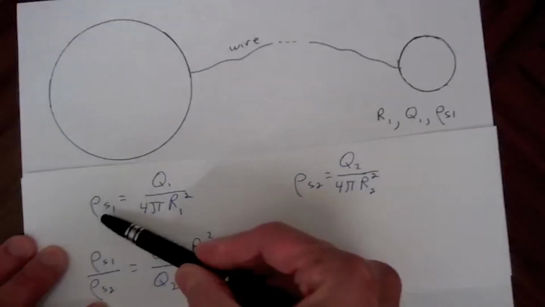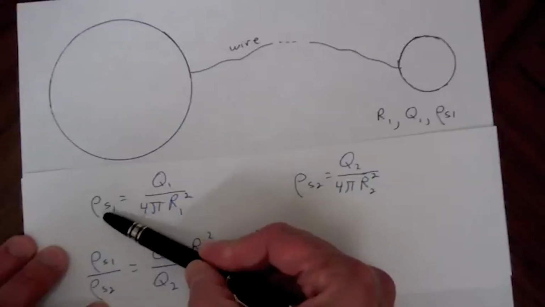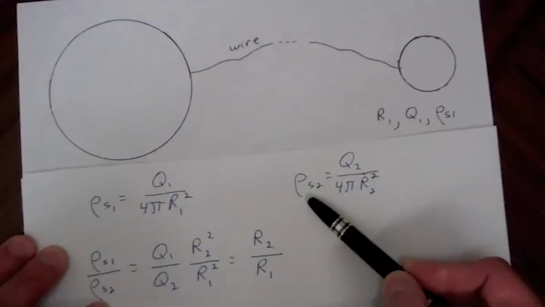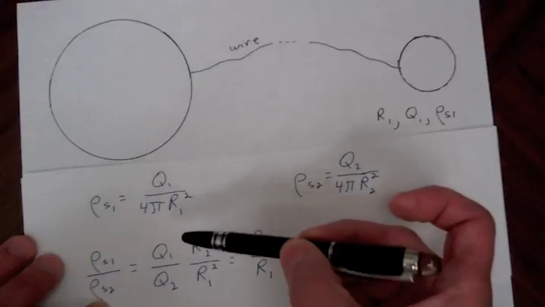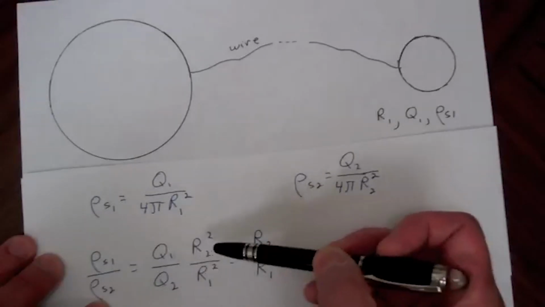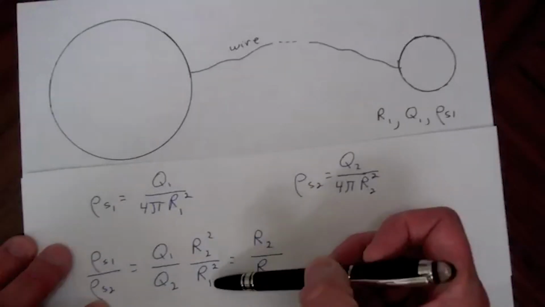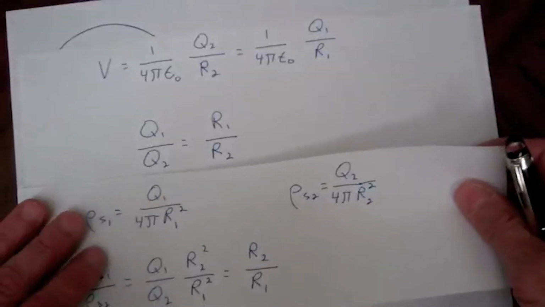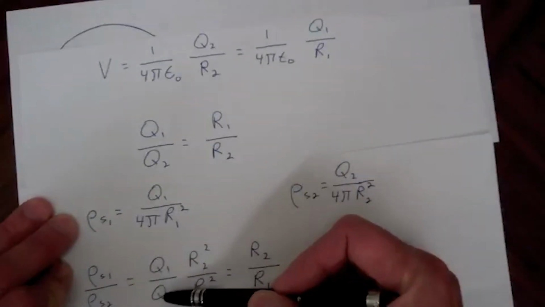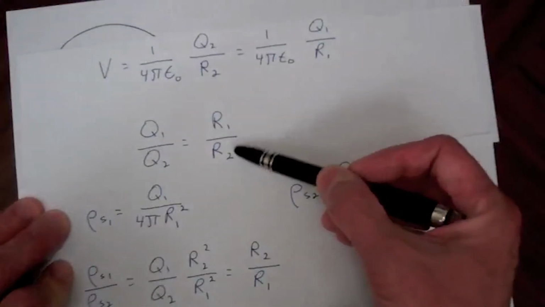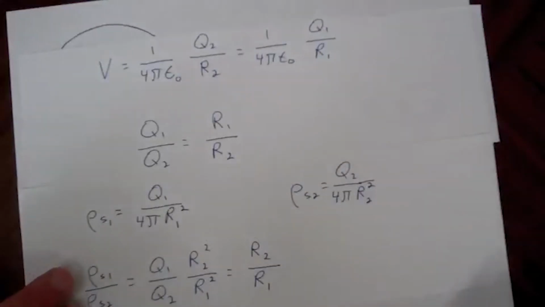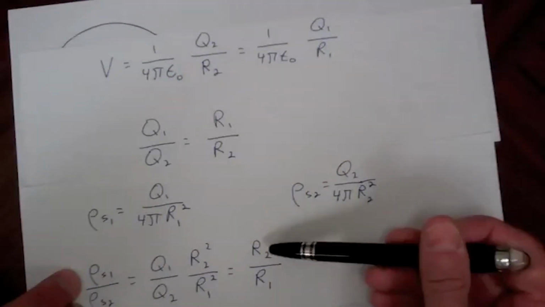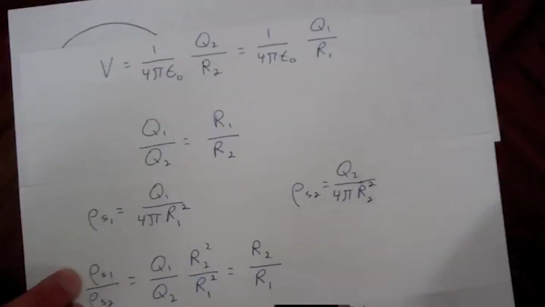So if we divide the charge density on sphere 1 by the charge density on sphere 2, it's going to be equal to Q1 over Q2 times r sub 2 squared over r sub 1 squared. But we've already found that the ratio of the charge Q1 to Q2 is R1 over R2, so the ratio of the charge densities is just the ratio of the radii of the two spheres.